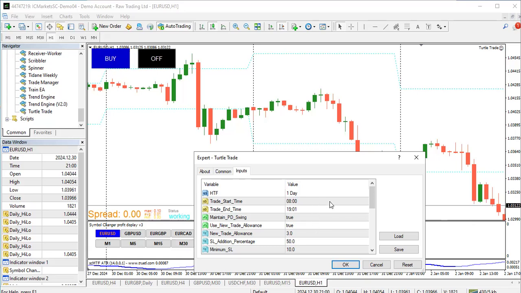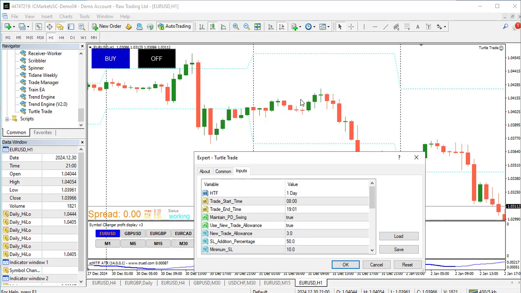The next thing you have there is use new trade allowance. This basically means it's going to look at the last trade that you executed. Let's say you are selling, and you sold somewhere here.